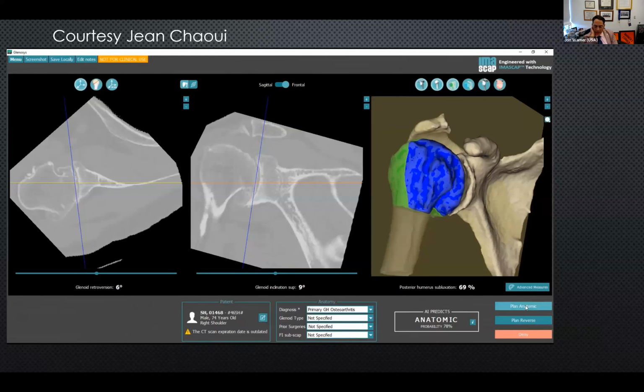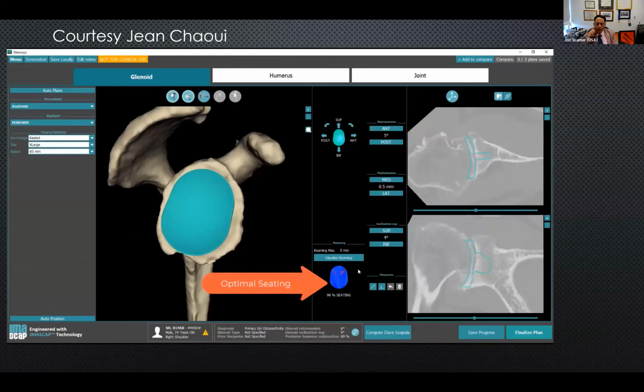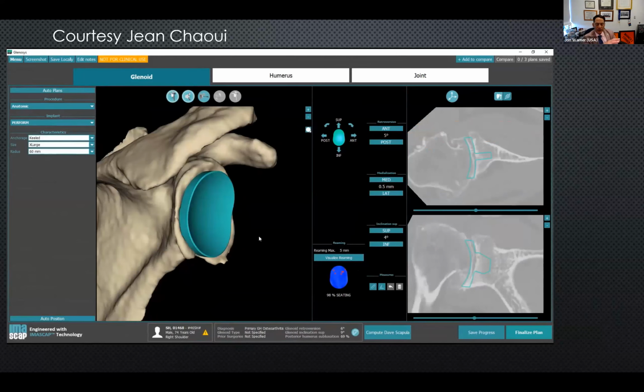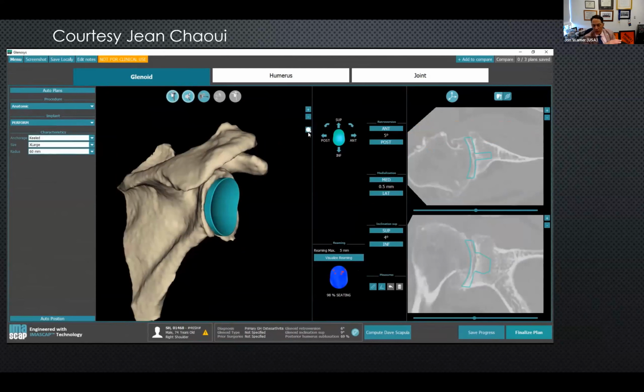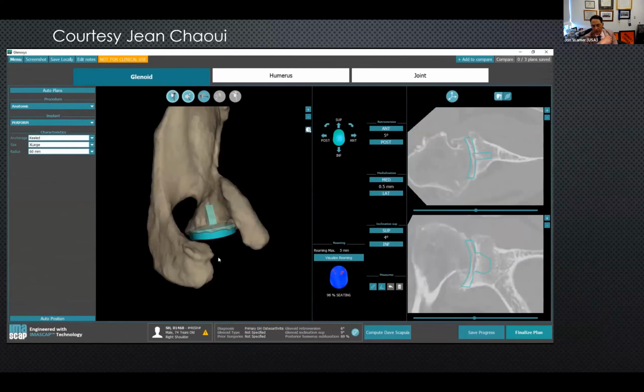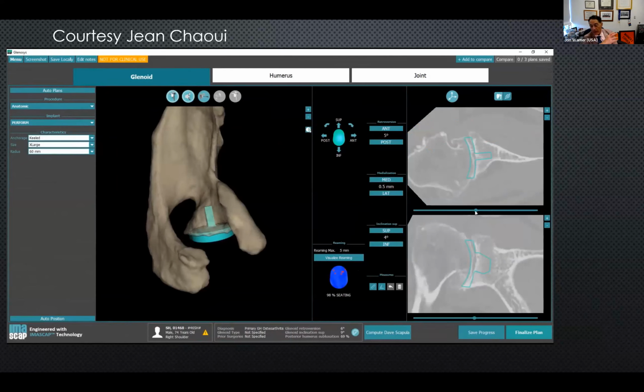Probability of experts that it would be anatomical is 78%. And AI will auto-plan the optimum positioning of components according to the specifications that are defaulted to by the surgeon or their own specifications. So the surgeon is creating the range of what's acceptable. AI is just delivering what the surgeon wants. And this is a major time saving for those who believe that it's of value to do preoperative planning.